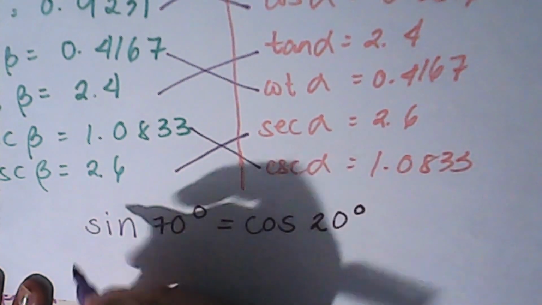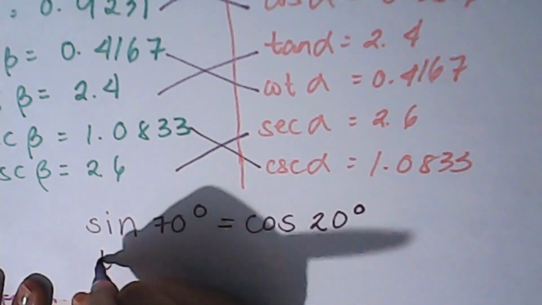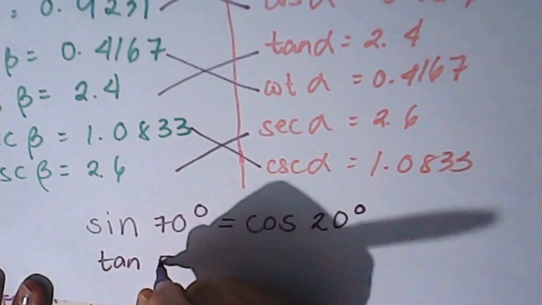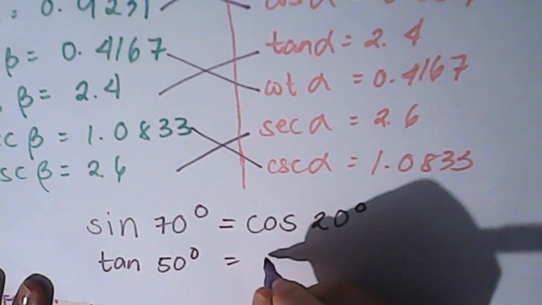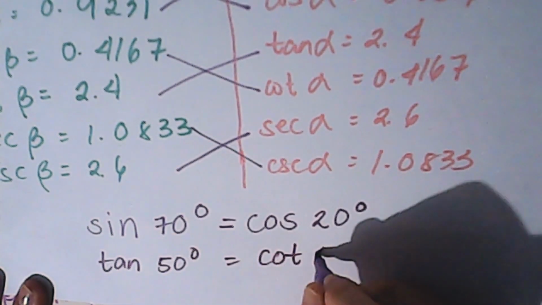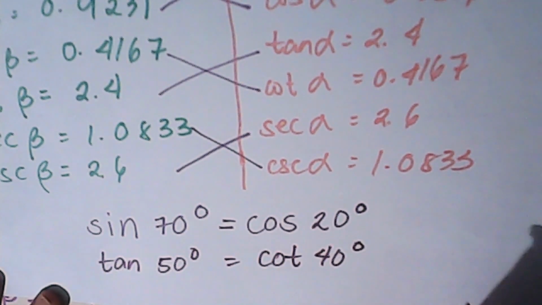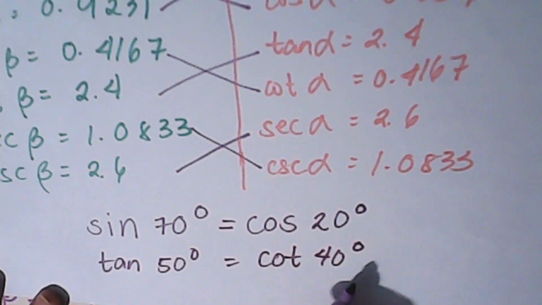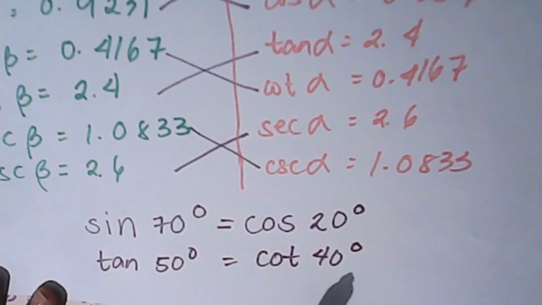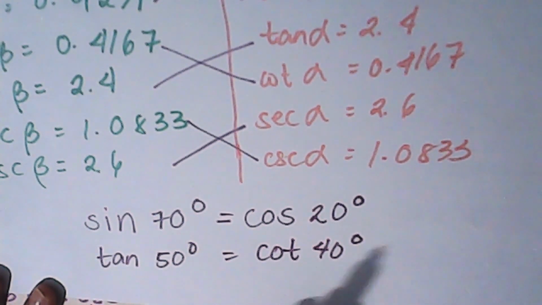are complementary. While tangent of 50 degrees is equal to cotangent of 40 degrees, because 50 and 40 are complementary and tangent and cotangent are cofunctions.